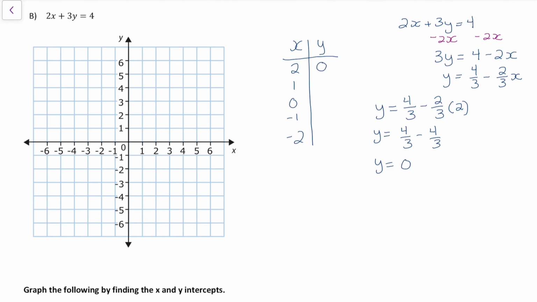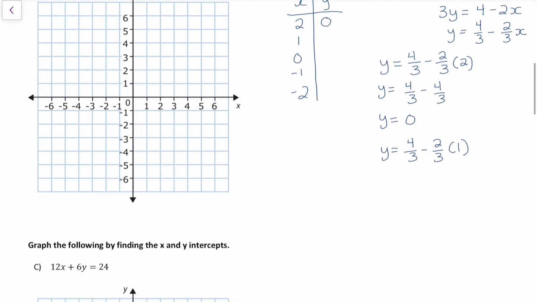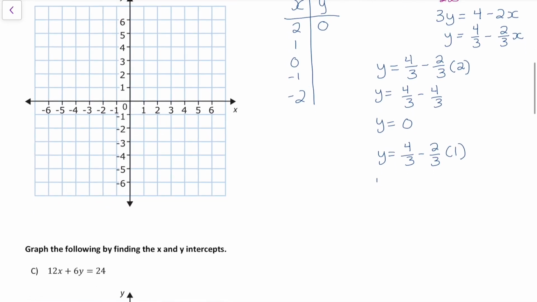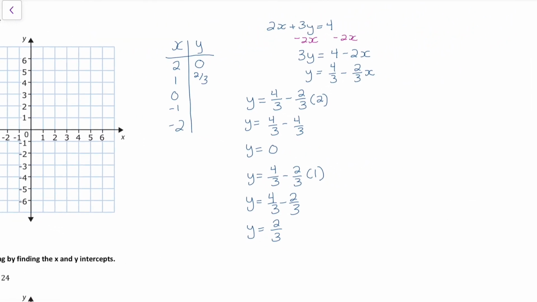Let's try it again with our x being 1. So that's not a very nice point to graph, so we're not going to graph that one. We're going to keep going to see if we can find another point that's nice to graph. So I'm going to substitute in 0.